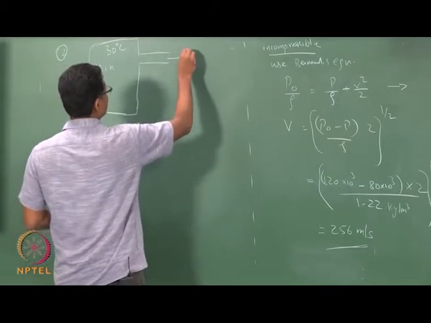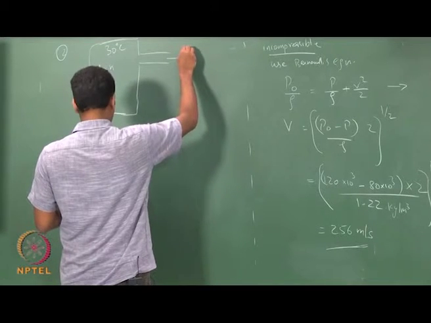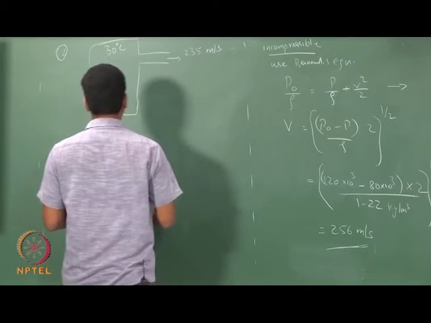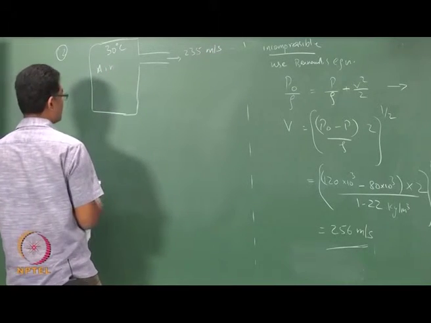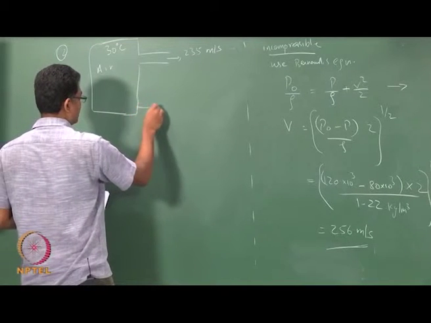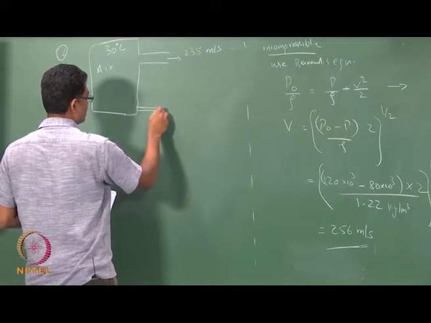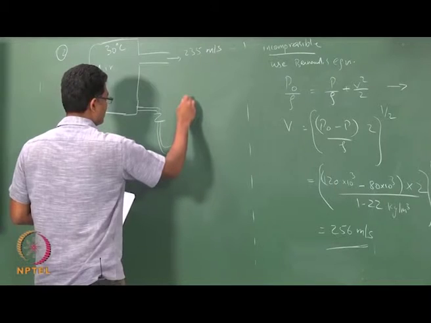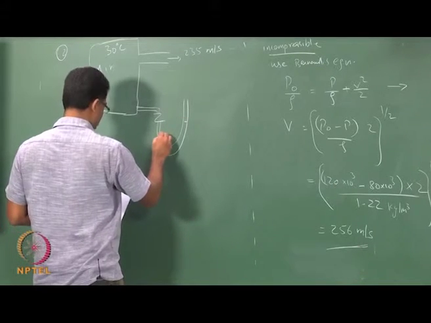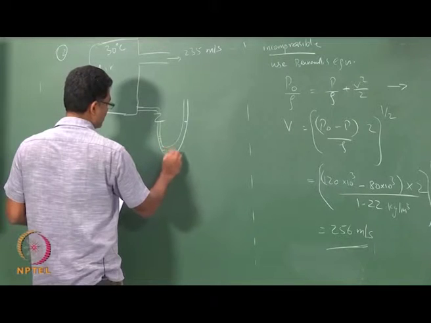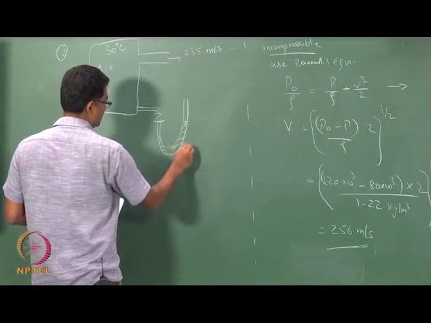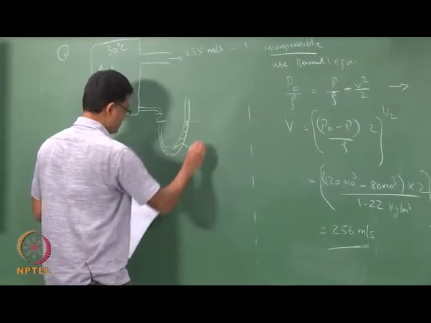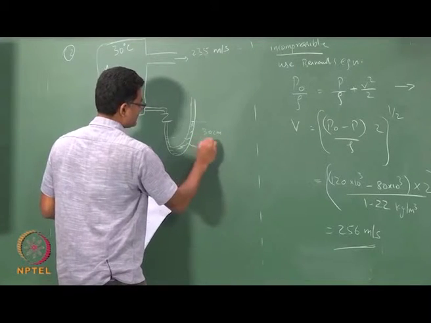The velocity that is coming out of this tank through a nozzle or an orifice is, and I connect this to a U tube which is mercury, and the difference in height is around 30 centimeters.